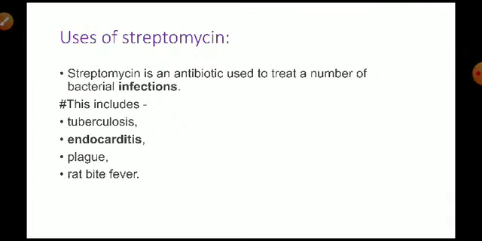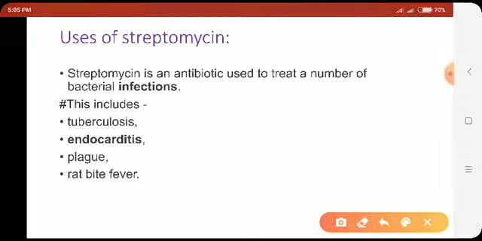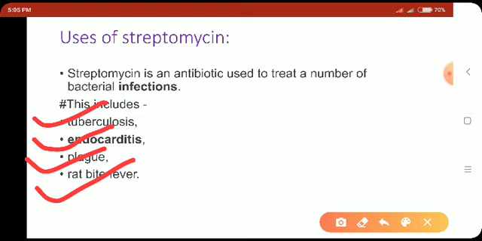streptomycin. And lastly, uses of streptomycin. Streptomycin is an antibiotic which is used to treat a number of bacterial infections which includes tuberculosis, endocarditis, then plague and rat bite fever.